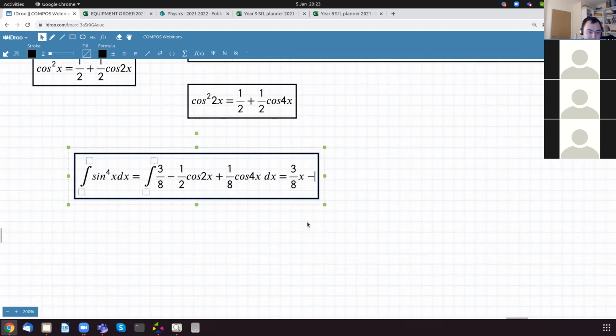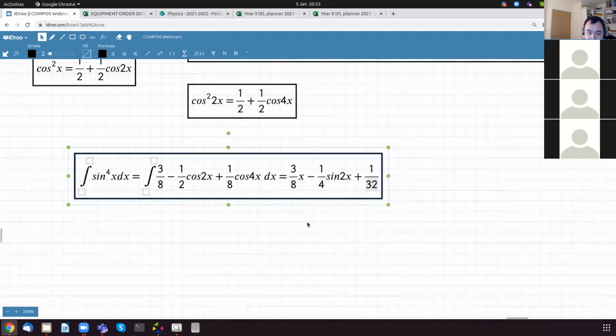Now the integral of 1/2 of cosine 2x is going to be a quarter, since the integral of cosine is sine, a quarter sine 2x, plus 1/8 cos 4x. The integral of that is going to be 1/32 sine 4x, plus c.